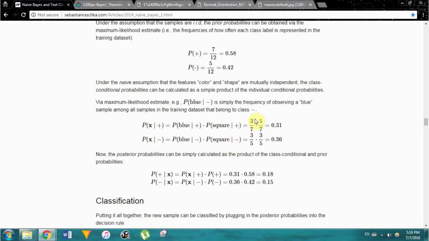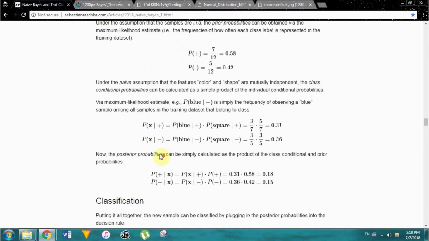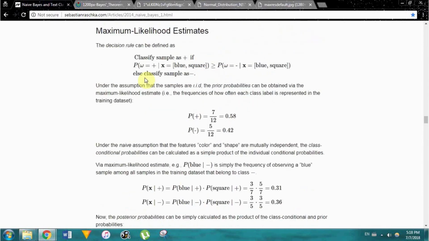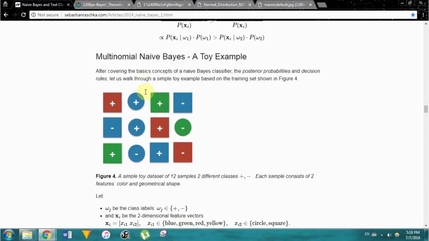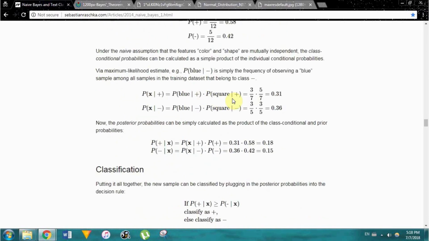And this is equal to 3/7 because we have 3 which are blue and are plus, and then we have 5/7 because we have 5 squares from the plus, right? We have a square here, here, here, and here, and here, right? So from 7 samples we have 5 which are squares. We multiply this and we come up with 0.31.